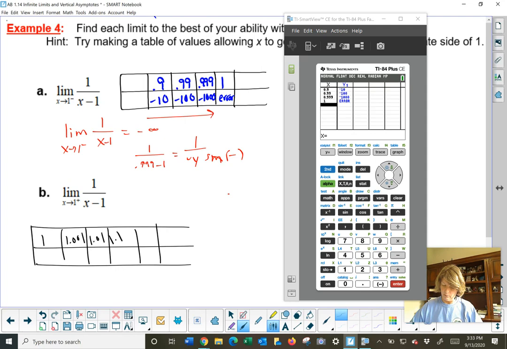So I'm going to put in 1.001, 1.01, 1.1, and we should see our values. We get 1,000, 100, 10. And we can see how this is growing and reaching infinity. So this limit here would be infinity.